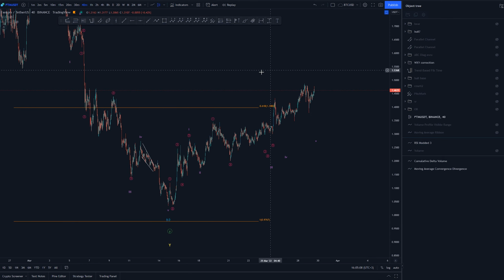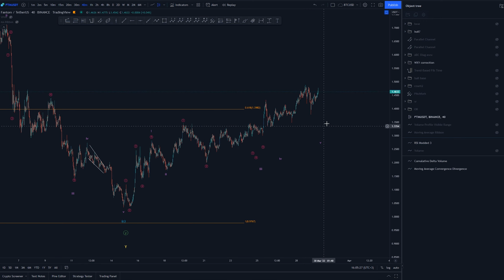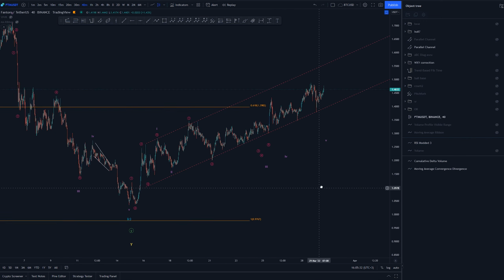Now the issue with this whole thing is that we're constantly making higher lows. So we can't really create simple looking or good looking impulses like this one or this one here. We're just riding with this channel basically here.